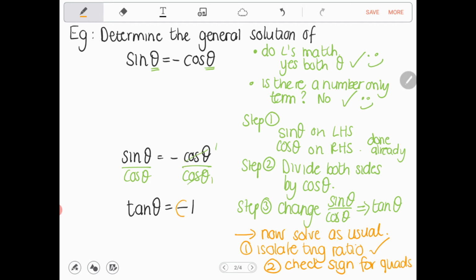So tan is negative. Where is tan negative? It's negative in 2 and 4. Tan negative, 2 and 4. And then we find our reference angle.